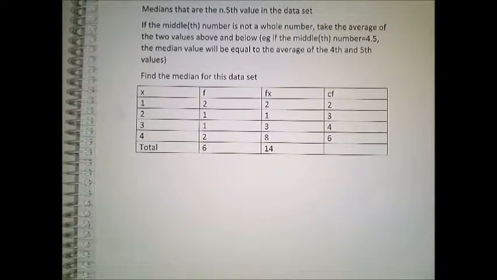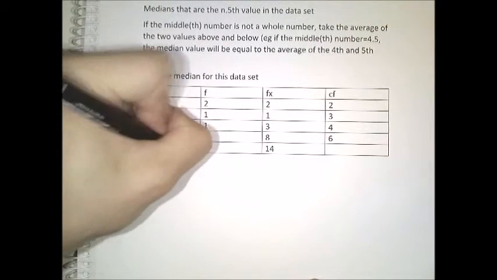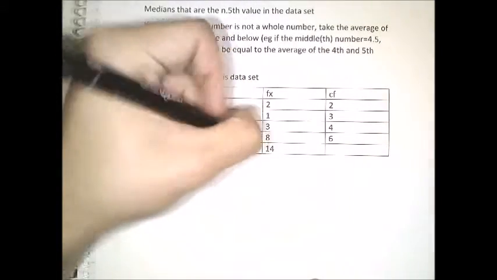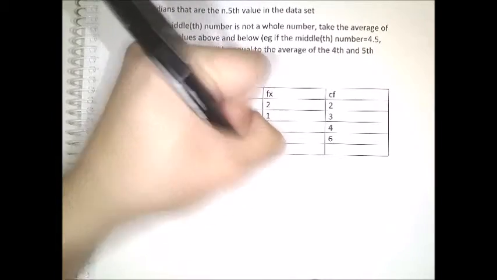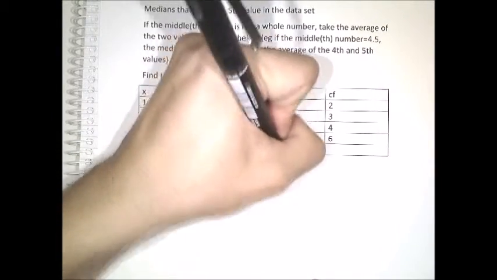An example question is below, where we are to find the median for the data set that I've given in the table. What we can do is first apply the median formula. We know that the middle value is the n plus 1 over 2 value.